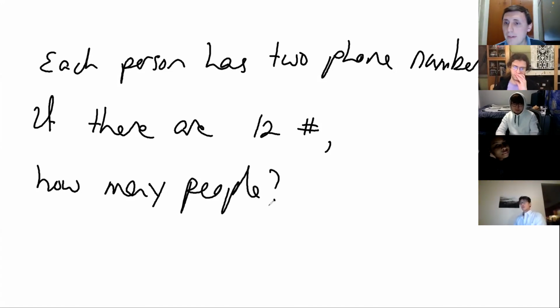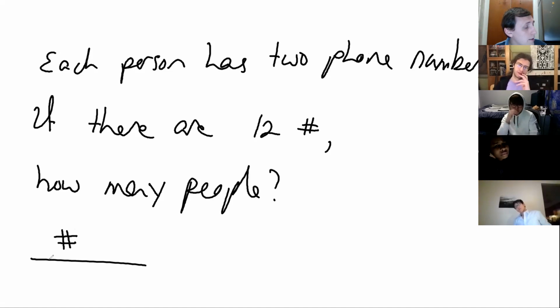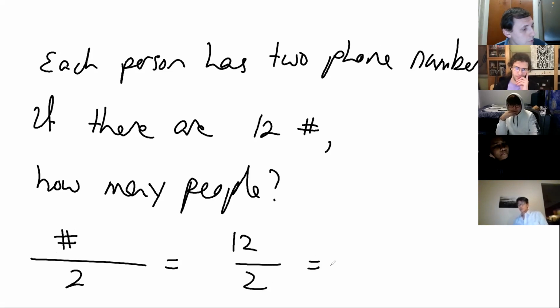It's a simple question, right? Each person has 2 numbers. We have 12 phone numbers. How many people do we have? Exactly. Do you all see that it's 6? Yes. You take numbers divided by 2, which gives you 12 divided by 2, which gives you 6.